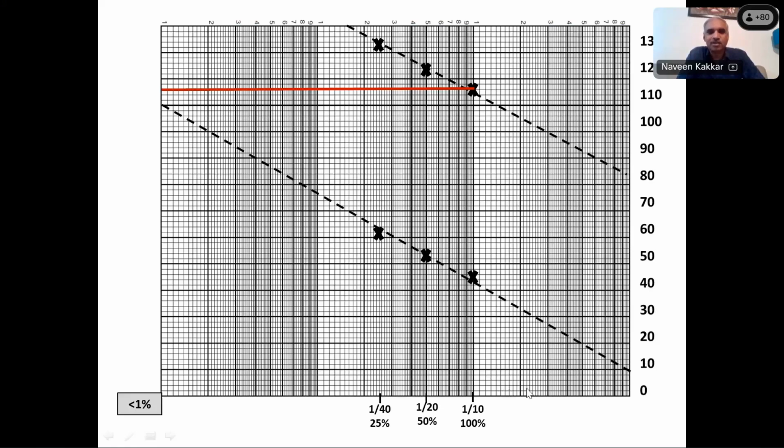So what we do is, from a test plasma, we prepare a 1 in 10 dilution with buffer, and arbitrarily assign it a value of 100%. And then you dilute this tube by half.